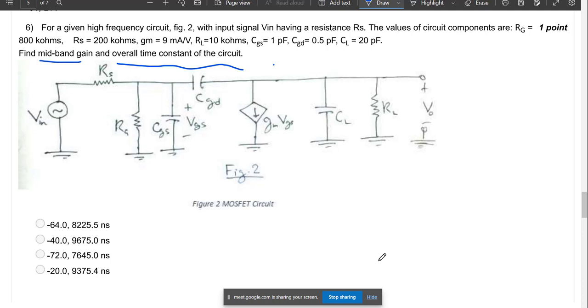Ma'am, can you solve the RGD part? Yes, I will solve the RGD part. That's good, at least you are solving. What about others?